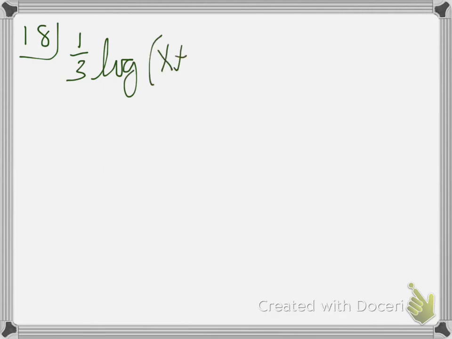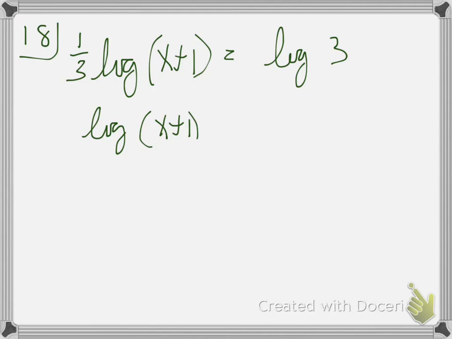And last but not least, number 18. Number 18 is 1/3 log x plus 1 equaling the log of 3. Well, that means that the log of x plus 1 to the 1/3 power equals the log of 3.